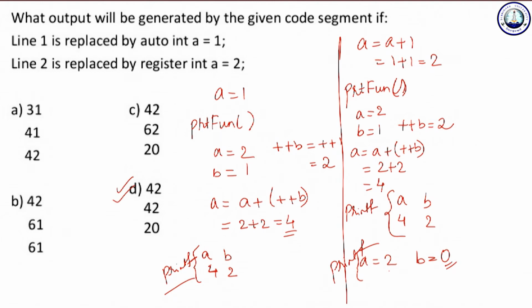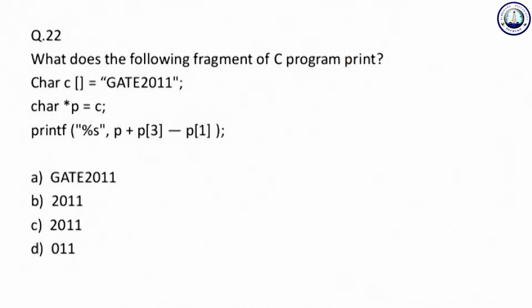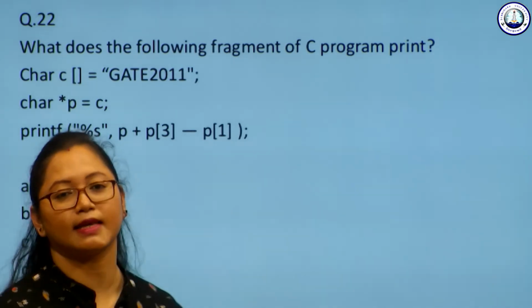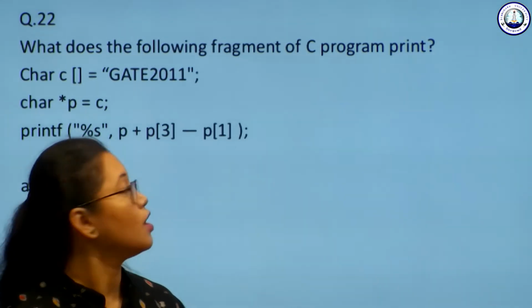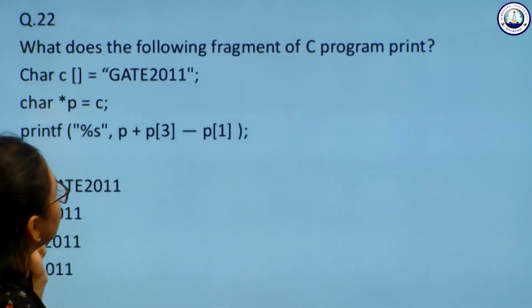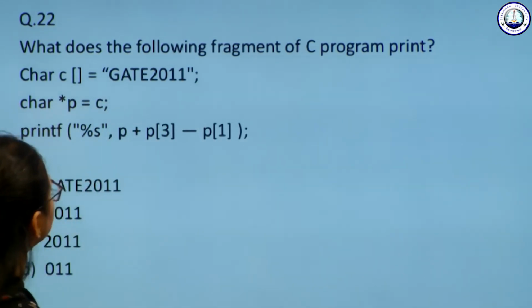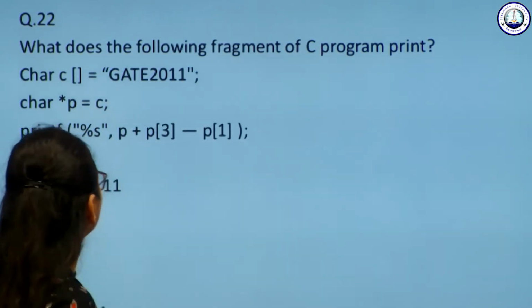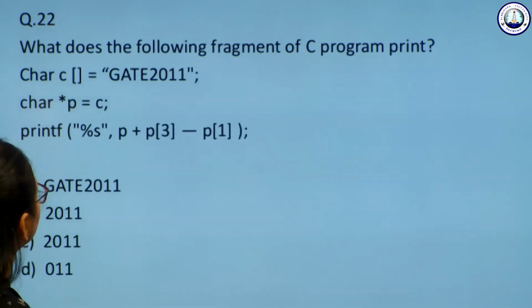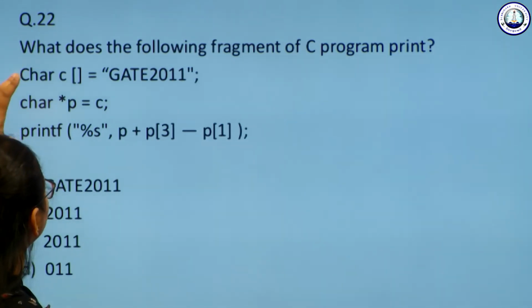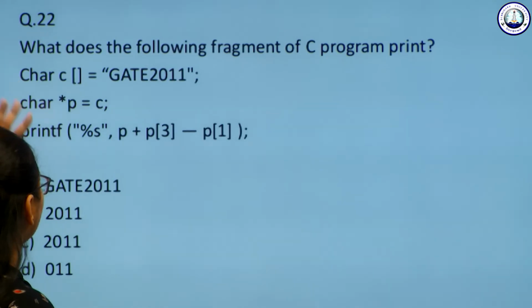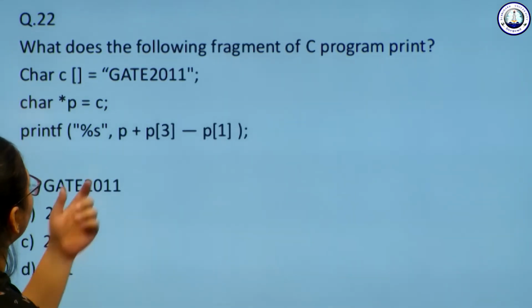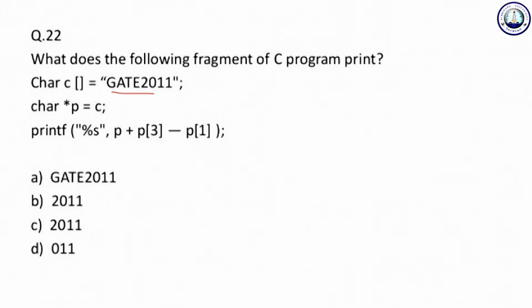Then coming to the next question. This is a question which was asked in GATE 2011. In this fragment of C program, we are asked, after executing this particular fragment, from which part of the string it will start printing.